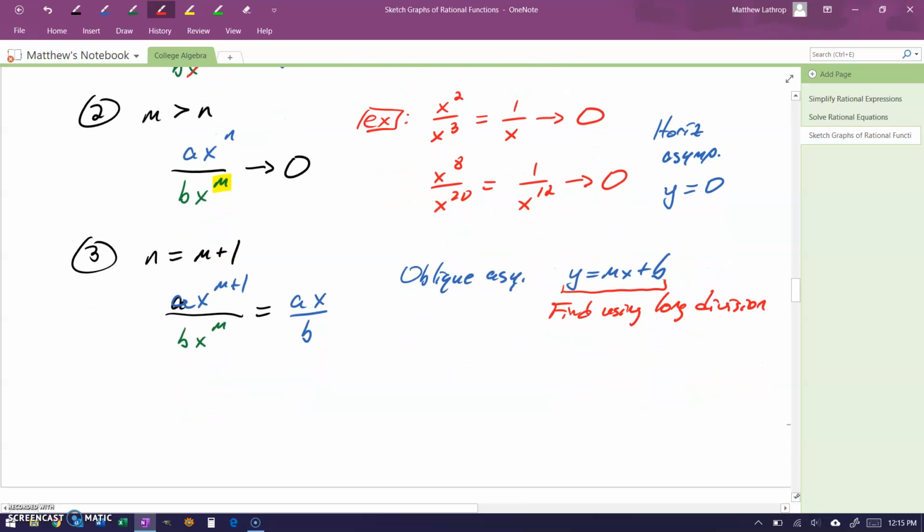So specifically, again, what we're looking for in this case is a case where our leading terms reduce and we have x to the first power.